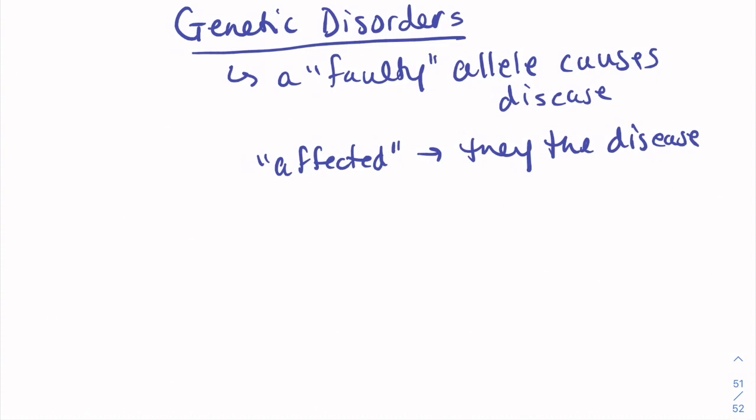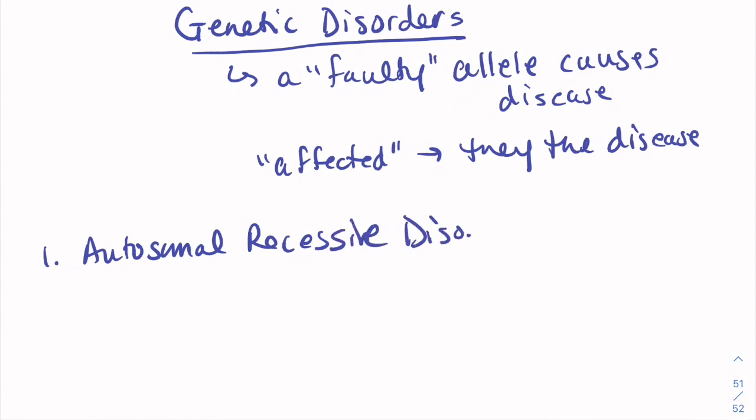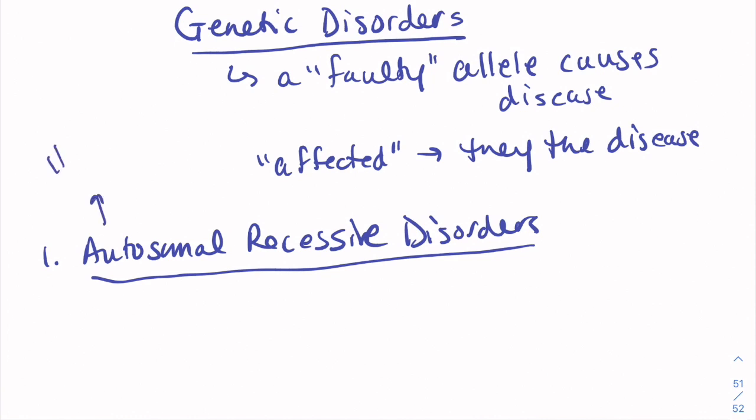And we have looked at one set of scenarios. Well, actually, we're going to be looking at several scenarios, but one that we have looked at already is autosomal recessive disorders. And this is where an autosome, remember, this is a numbered chromosome.